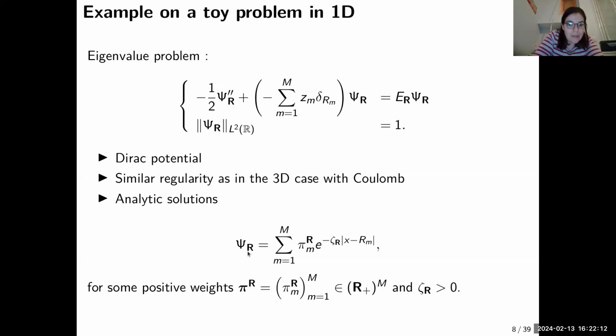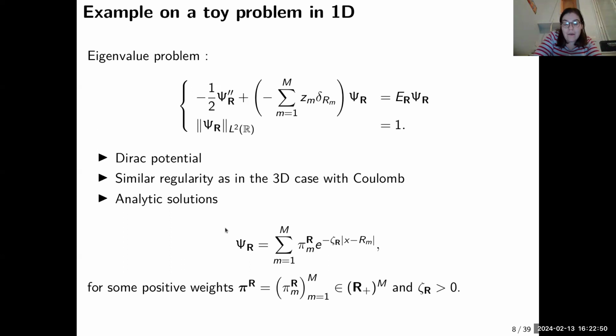More precisely, these wave functions read as positive combinations of functions, which are ladder functions. So they are written as linear combinations of functions of the form exponential of minus some coefficient zeta r times the norm of x minus rm, where rm is the position of the nth nuclei in the molecule. And we know precisely what the value of this coefficient zeta r is and this coefficient pi mr. There are analytical formulas that give them.